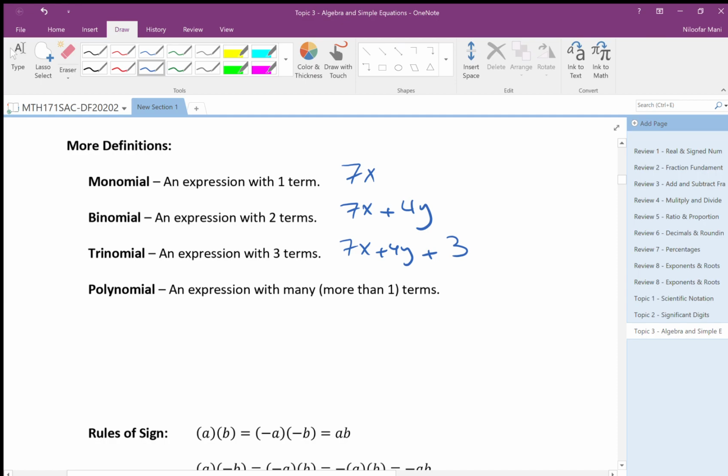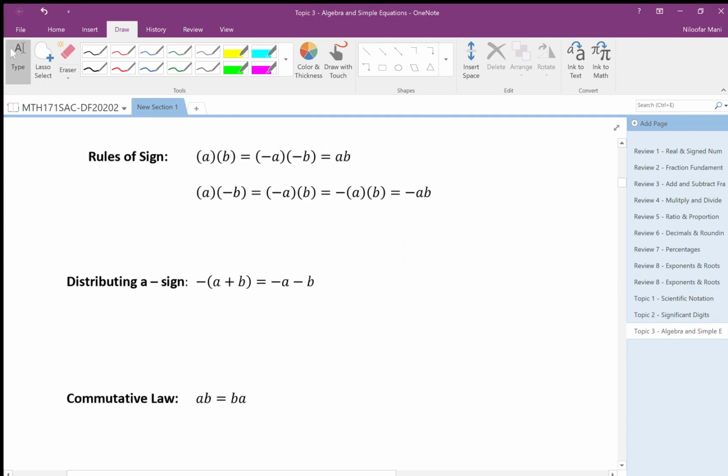And if I have more than that, I call it a polynomial, for example 7x plus 4y plus 3 minus 2z. So monomial is 1, binomial 2, trinomial 3, and I call all of them polynomial, just to make it easier.